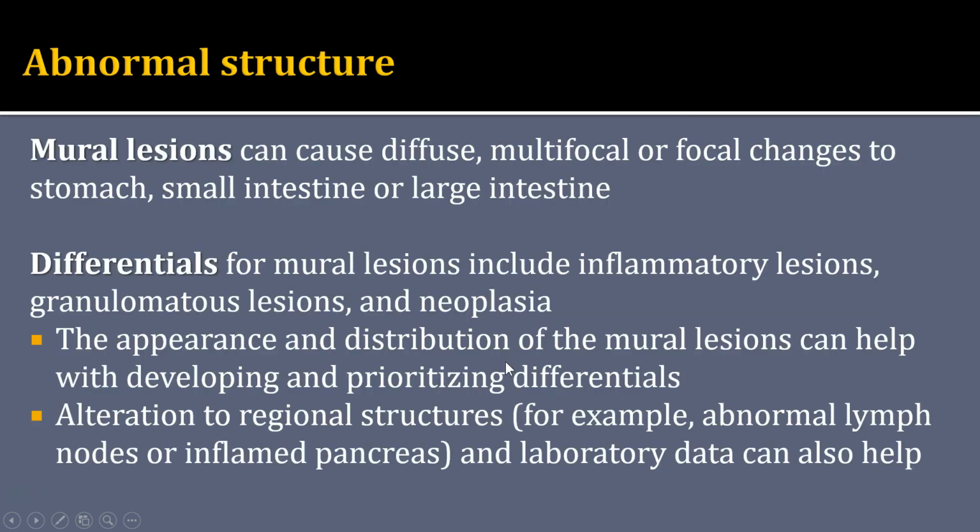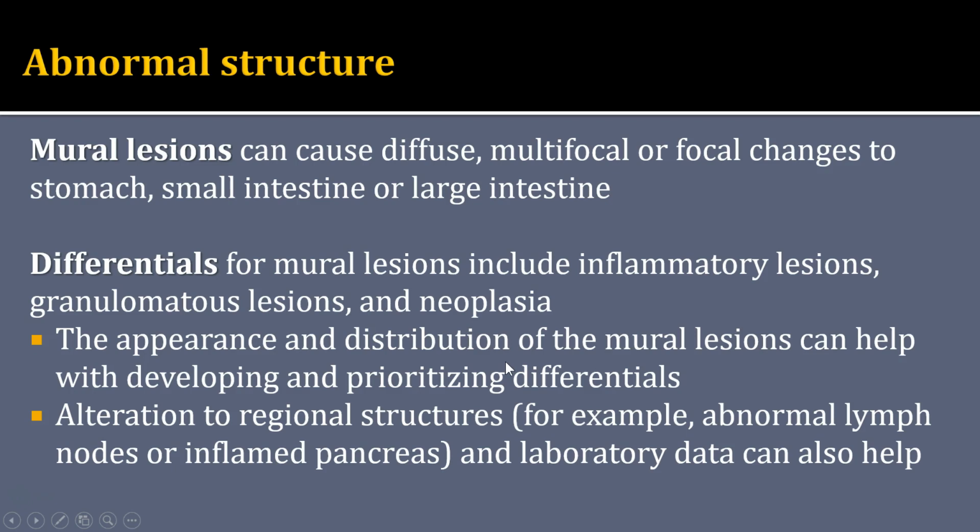So that example with the mass brings us into abnormal structure. When we talk about abnormal structure, we're talking about mural lesions, which could have a mucosal component as well. Mural lesions can cause diffuse, multifocal, and or focal changes to the stomach and small and large intestine.